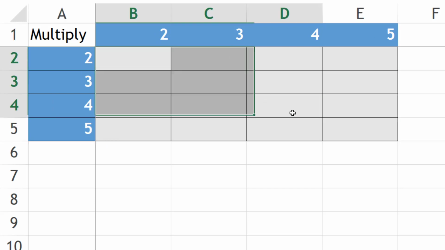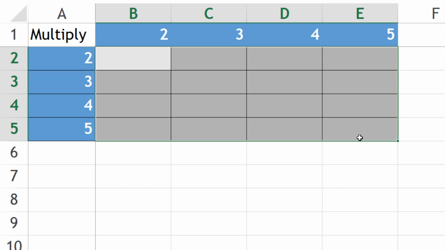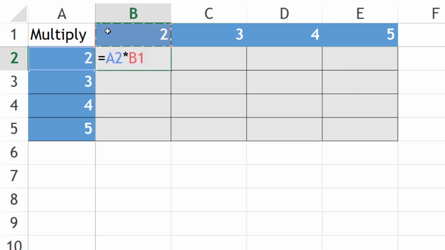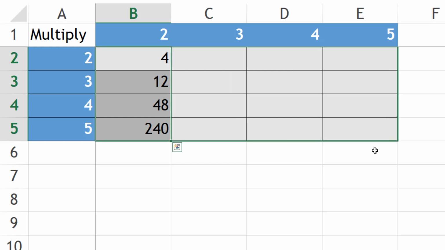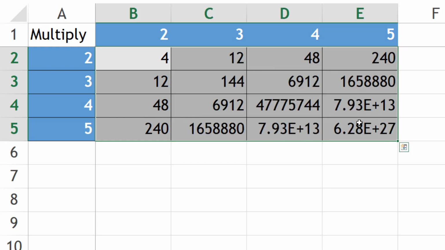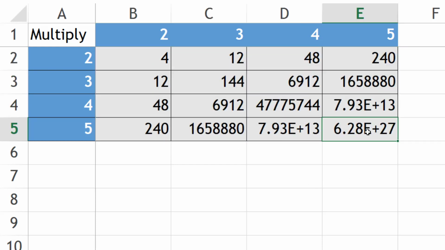So it is a simple matrix of multiplication of these numbers. Now if I write A2 multiplied by B1, and drag it down or to the right side, you can see the numbers are exponentially large. So only the first cell is correct, all others are wrong.